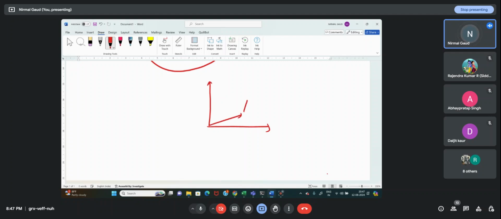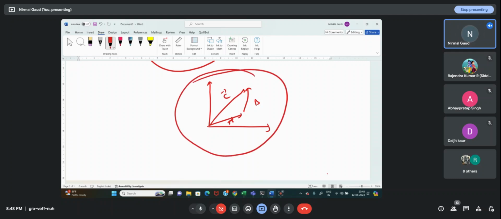This is A vector, this is B vector, this is C vector. All vectors are present here in 2D only. This is a subspace. If I'm adding two vectors, it should not come into the third dimension. No, this is not preferred. Whatever the subspace, if you're adding two vectors, the result should come in the same subspace only.